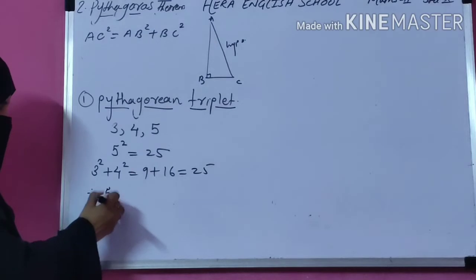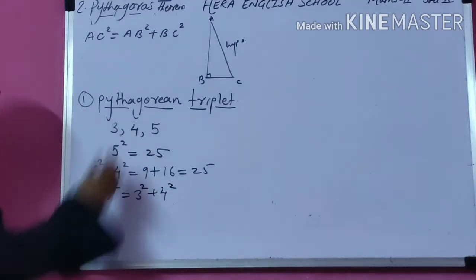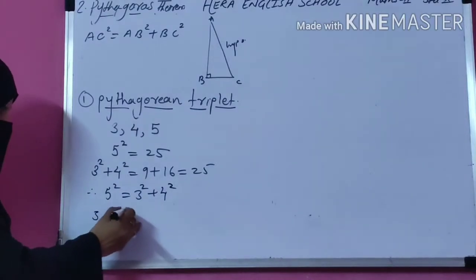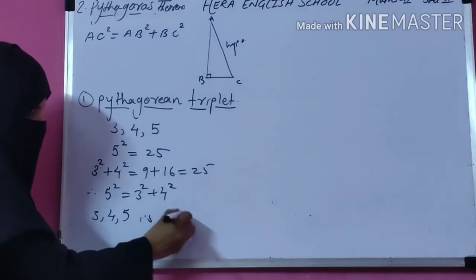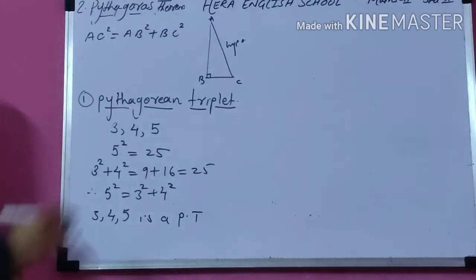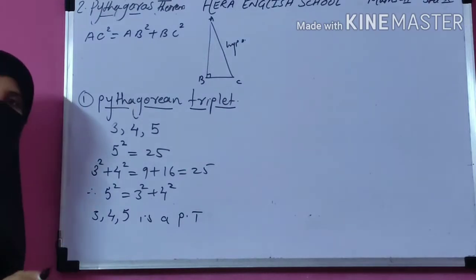That is, the square of 5 is equal to 3 square plus 4 square. So therefore 3, 4, 5 is a Pythagorean triplet. I think you get the idea of Pythagorean triplet.